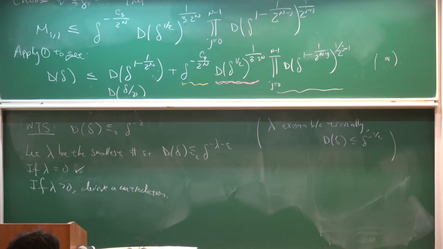I think the strategy is first we do the iteration, and then we get the recursive inequality, and then by contradiction we show that the estimate is small. So you're asking how to build the iteration. It looks like a miracle.